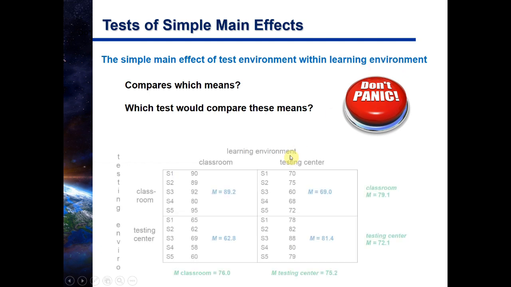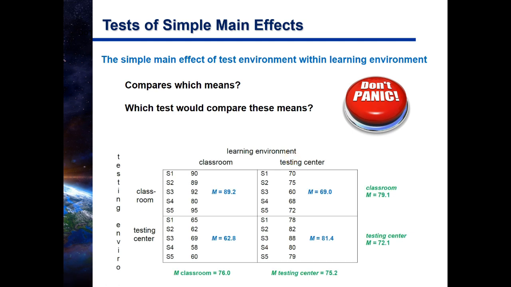So now here's the same setup. Now we're saying we want to compare the means for test environment. So we look here. Here's test environment. Which means are going to be compared? This one and this one. But remember, we're comparing the means of test environment within each of the different levels of learning environment.